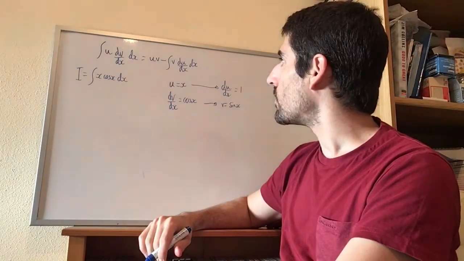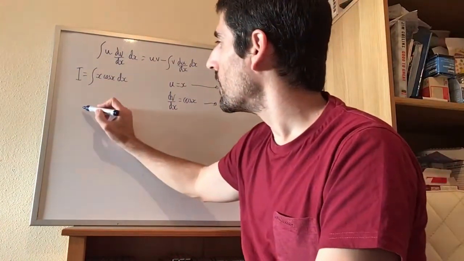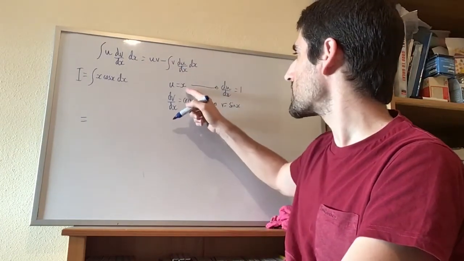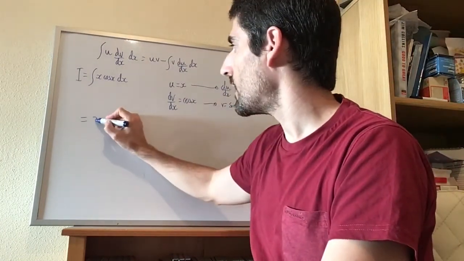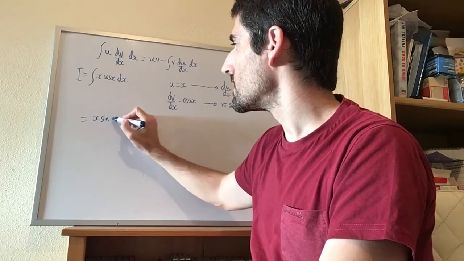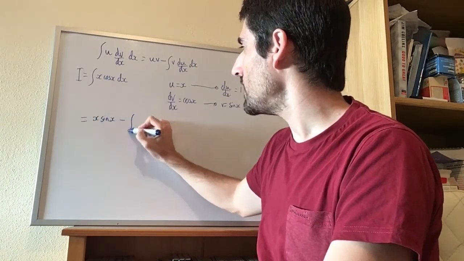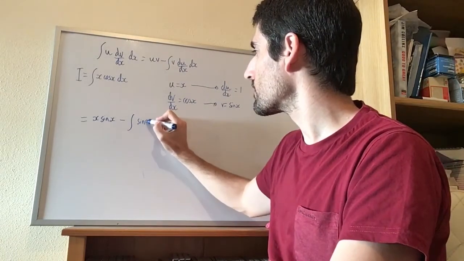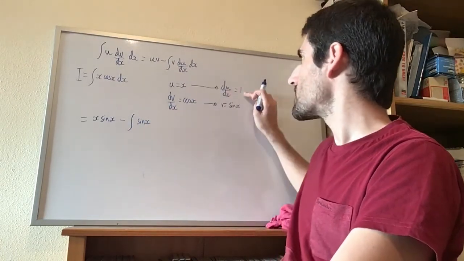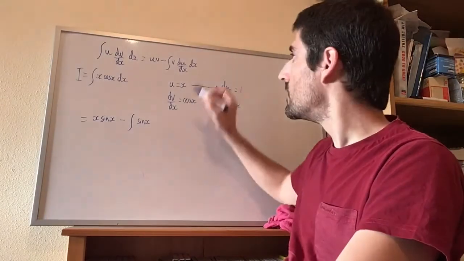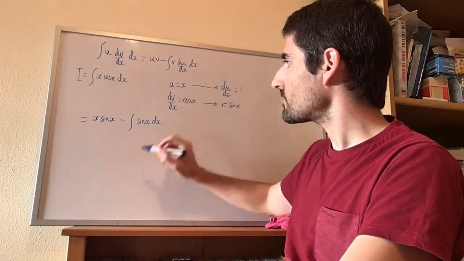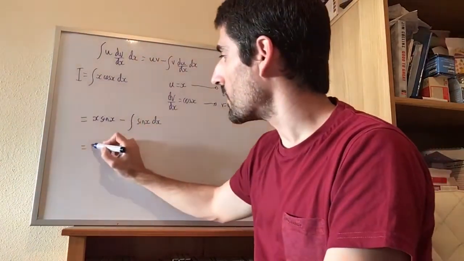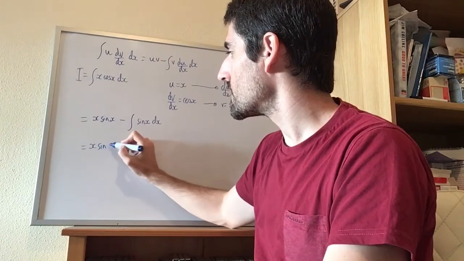And I think I've got all I need, so that's going to be uv, so u is x, v is sin x, so I've got x sin x minus the integral of v, well, v is sin x, du over dx, which happens to be 1, so that's nice, dx. Therefore, I have to integrate this bit. I've got x sin x.